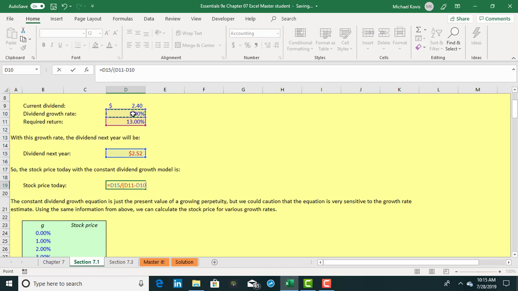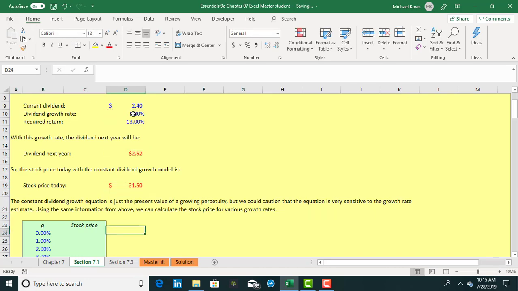We can say, let's go dividend next year. Actually, I'll have to remake my future value. So future value of, and it's going to ask for 0, number of periods 1.